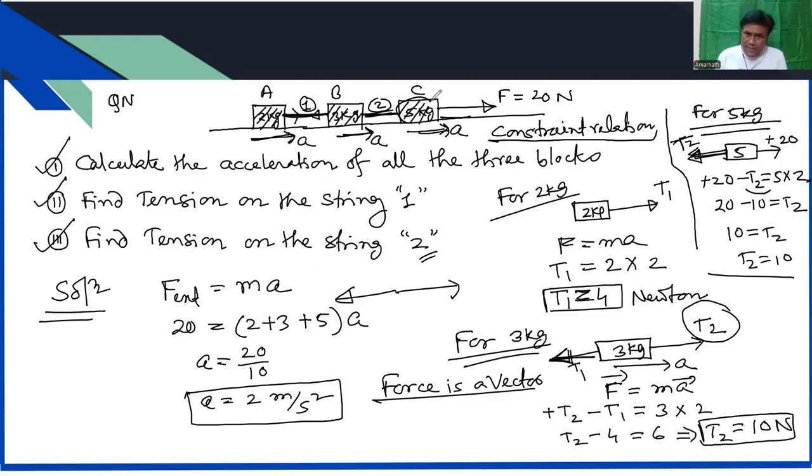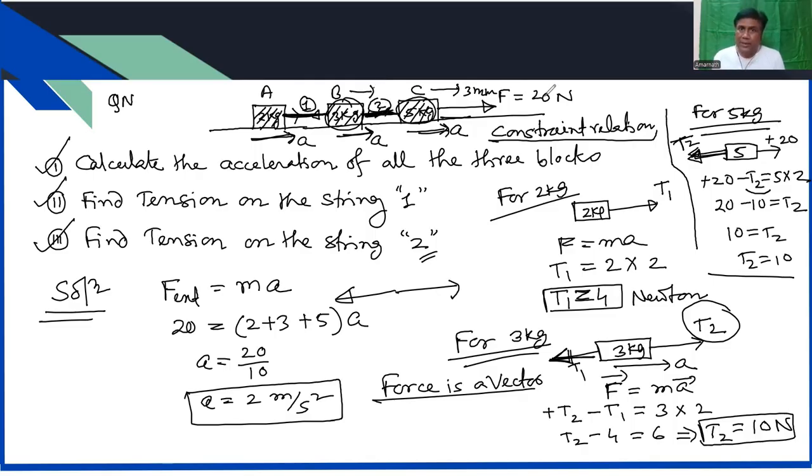If the 5 kg goes by, say, 3 millimeter, as an example, then this also must go by 3 millimeter only. If it goes with more velocity, more displacement, the string will be slack. But if it goes with less velocity or less displacement, the string will be torn.